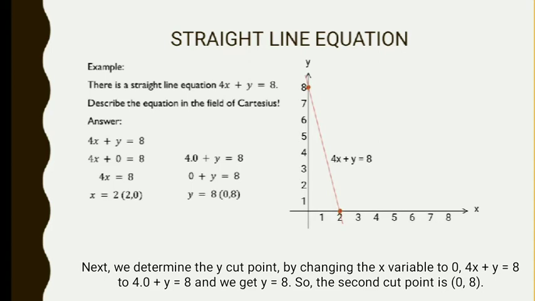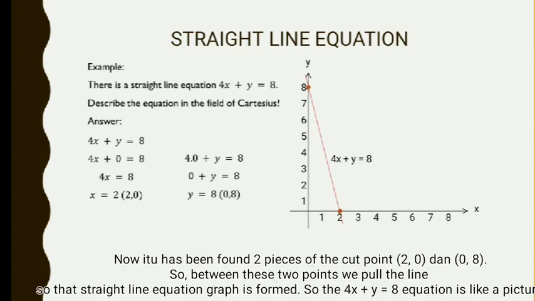Next, we determine the y cut point by changing the x variable to 0. For x plus y equals 8, 0 plus y equals 8, and we get y equals 8. So the second cut point is 0, 8.